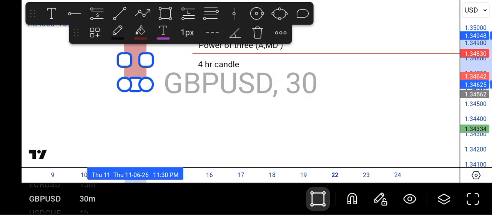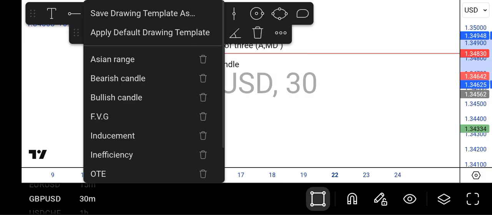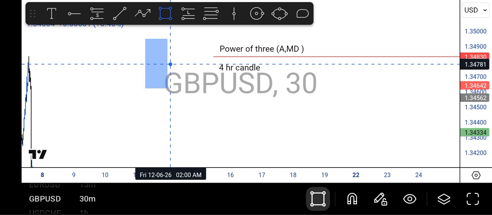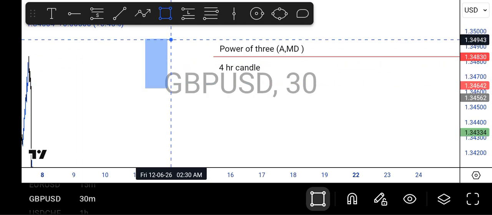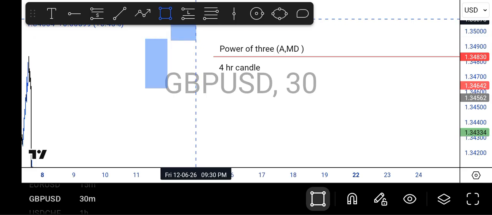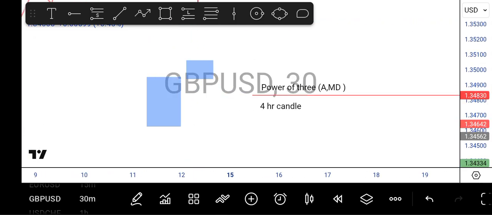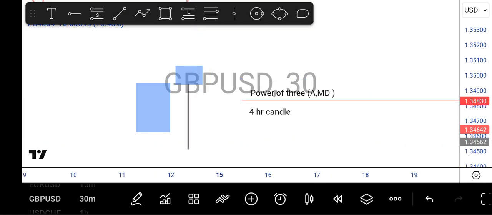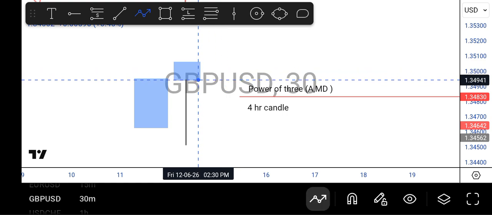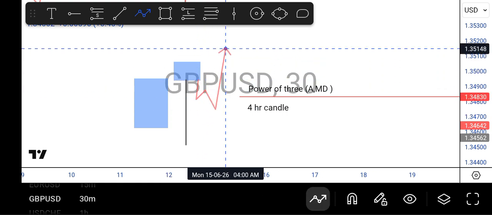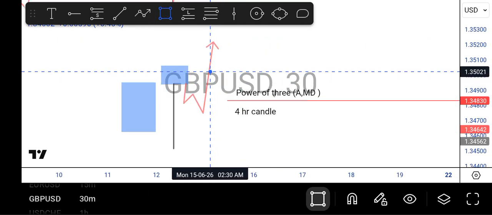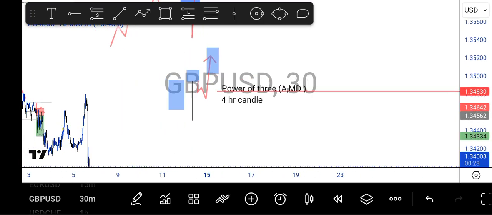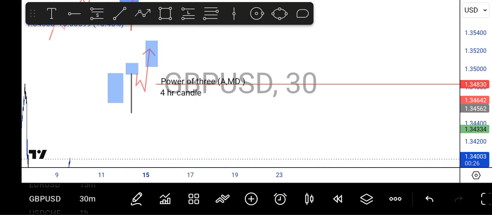So if we are bullish, the next candle can open right there and sweep below, and what I'll be waiting for is the price to come back into that zone and push to continue being bullish. So what I'm basically looking at is the 4-hour time frame, power of three.